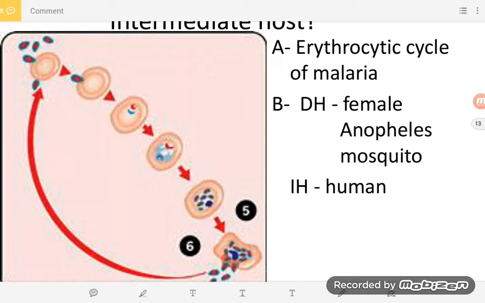So this is taken by the macrophage and it is lodged into the liver cell, the hepatic cell. Inside the hepatic cell it will multiply. Sporozoites are normally spindle shaped; after entering the liver cell they become round shaped.